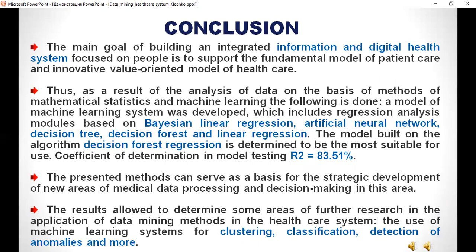A model of a machine learning system was developed, which includes the regression analysis model based on Bayesian linear regression, typical neural network, decision tree, decision forest, and linear regression. The model built on the decision forest regression algorithm is determined to be the most suitable for use. The coefficient of determination in model testing equals 83.51%.